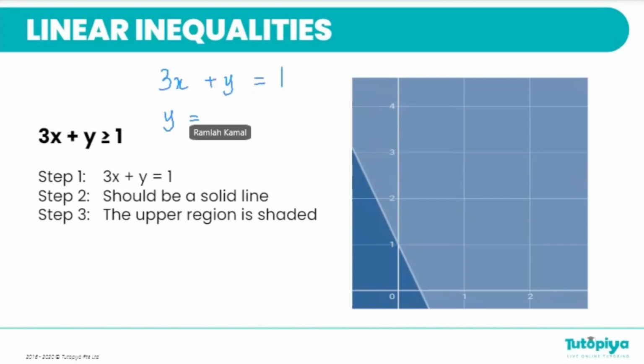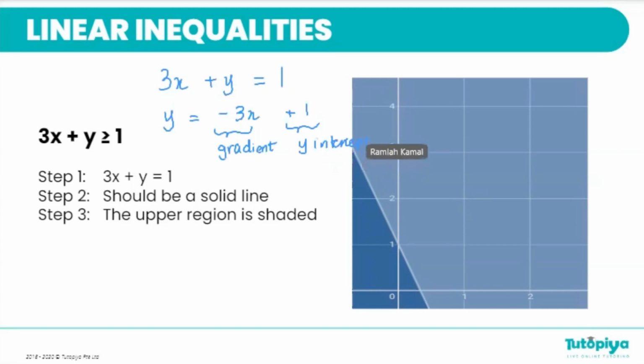So if I make y the subject, I end up with minus 3x plus 1. So y equals minus 3x plus 1. Then I'm going to plot the graph of y equals minus 3x plus 1. By looking at this, I can say that negative 3 here should be the gradient of my line, and positive 1 here should be my y-intercept.